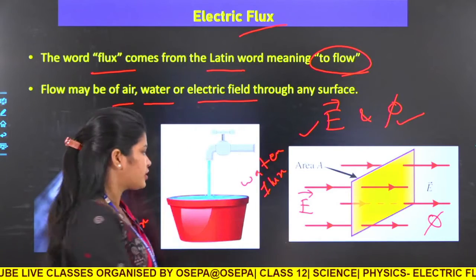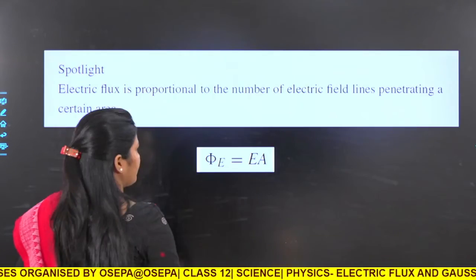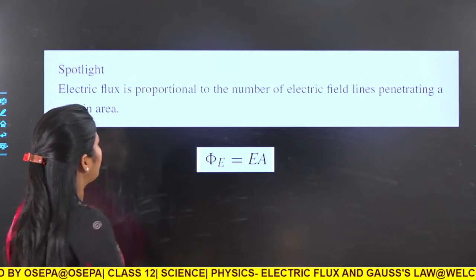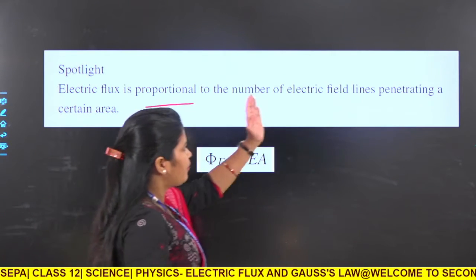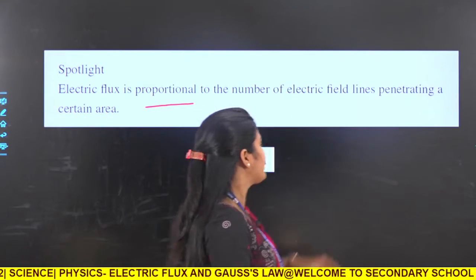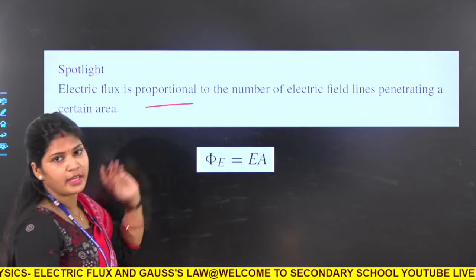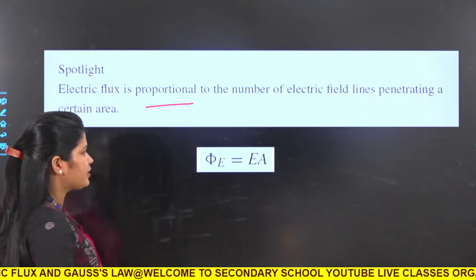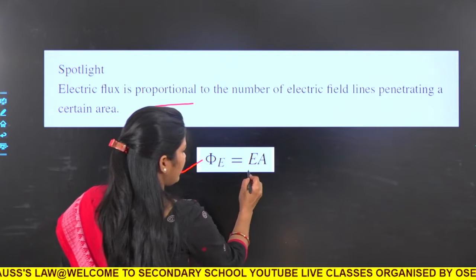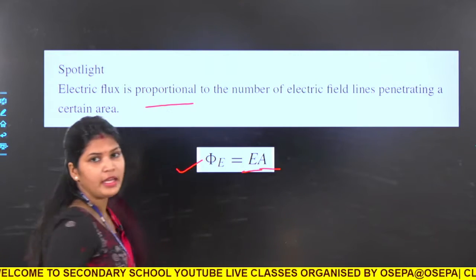Similarly, electric flux is proportional to the number of electric field lines penetrating a certain area. That means flux is equal to electric field into area.